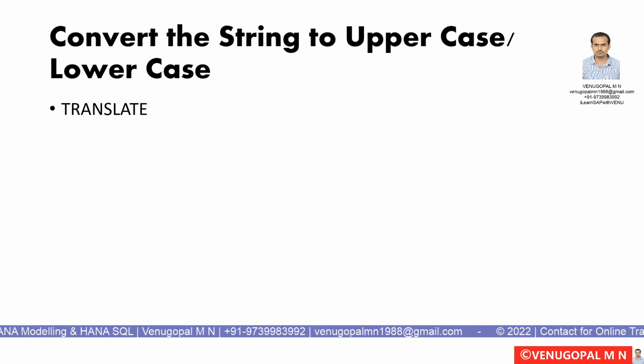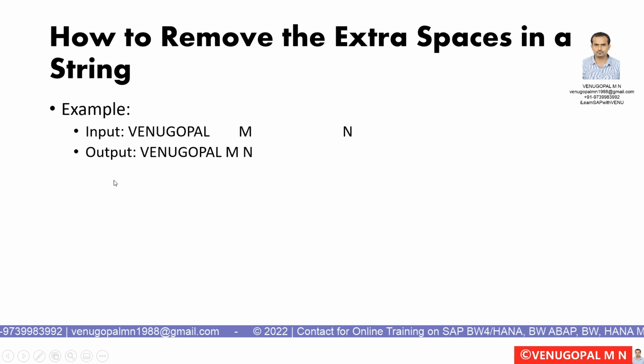Assume that there is a description or comment column, and unnecessary spaces are being introduced. It is not looking neat for the business or the higher management. The data might be something like this: a name with multiple spaces between the parts, which is not even uniform.